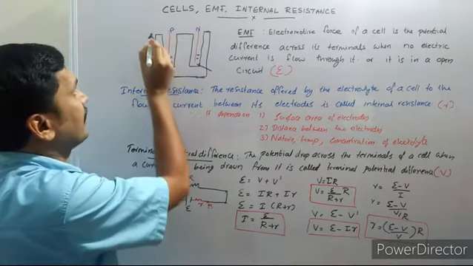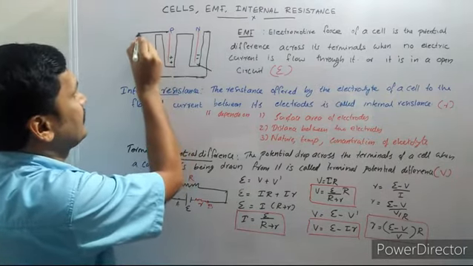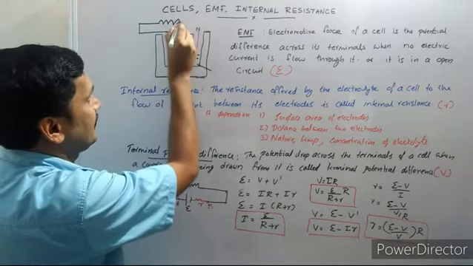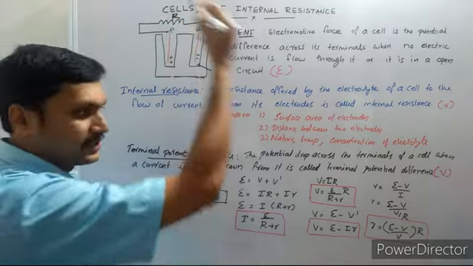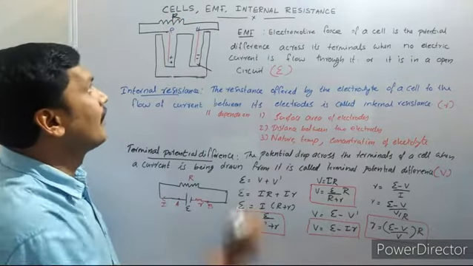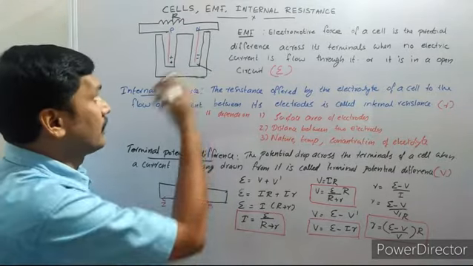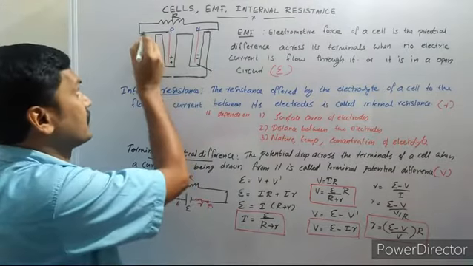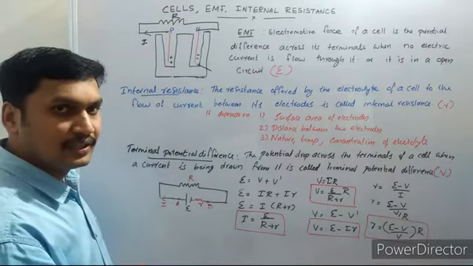Now suppose we are connecting some external circuit to this battery, that is, an external resistance R is connected to the battery. Now current is drawn from the battery or cell. Some current is flowing through this circuit.